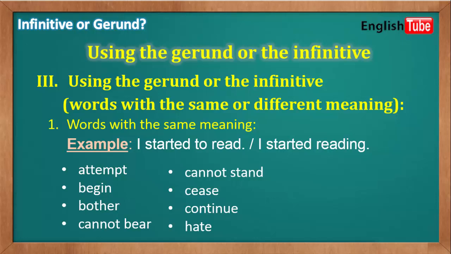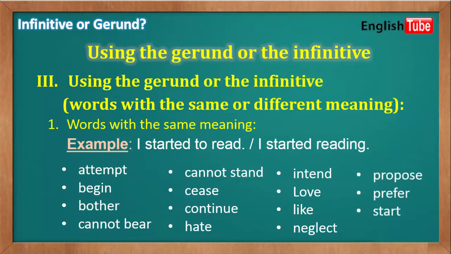And then continue, and then hate, right? Intend, love, like, neglect, okay? So in this case, okay, these verbs can be used with both the gerund and the infinitive without any change in terms of meaning, okay? Good. You got again propose, prefer, and then start, okay?